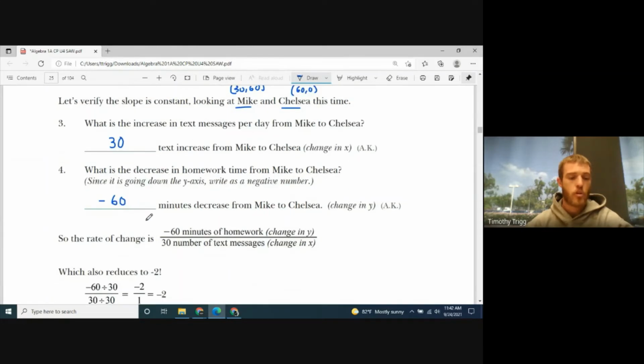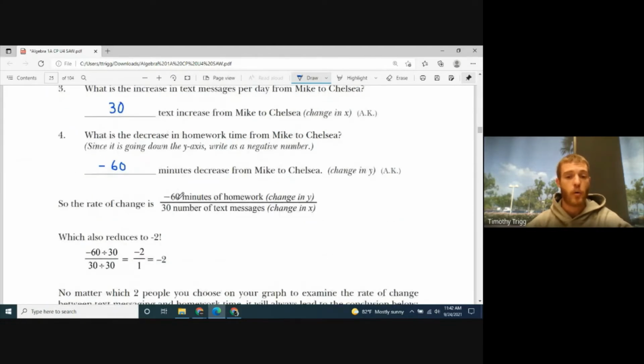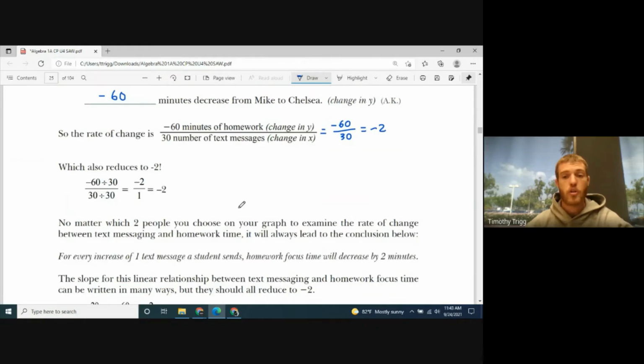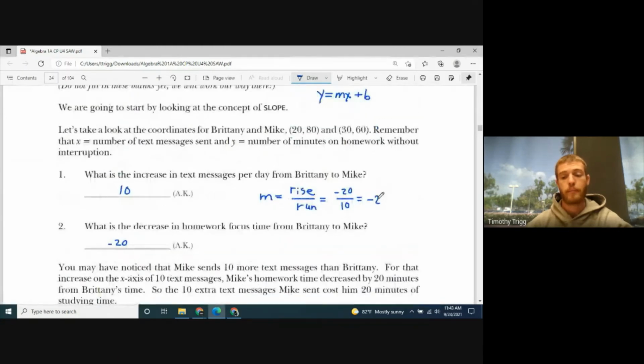So the rate of change, or in other words the slope, is the change in the y coordinates, which went down 60, divided by the change in the x coordinates, which is up 30. So -60 over 30 gives you -2. Our slope is -2. Notice it's the same slope we got before.